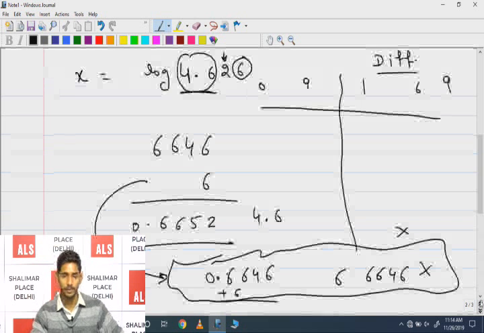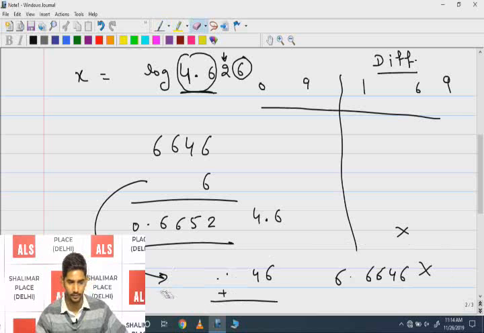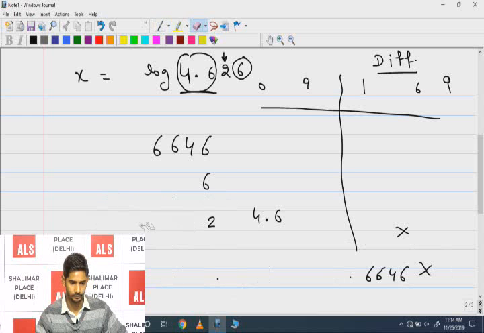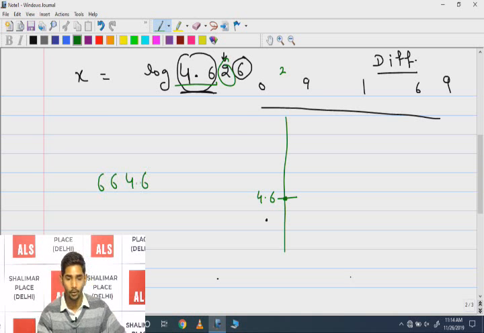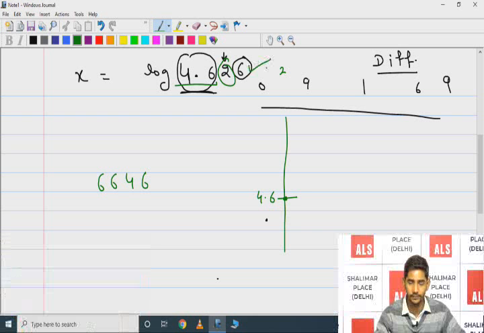Okay, guys, please look at the screen once. See, I have told you, just check out the value of 4, 6 at 2. Okay, this is your 4, 6 and this is your 2. So here you will definitely get a value, and you told me that value is what? 6, 6, 4, 6. Okay, now you can see there is a 4th digit as well, which is 6. So what we have to do, we have to check the 4th digit in the difference table.